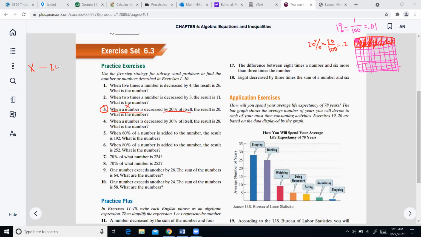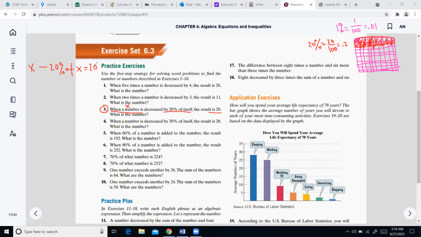So I decrease it by 20% of itself. And what does itself mean? Well, that's X, because that's how we call our number. And then they say the result is 20, where is always means equals. So I produced an equation here.